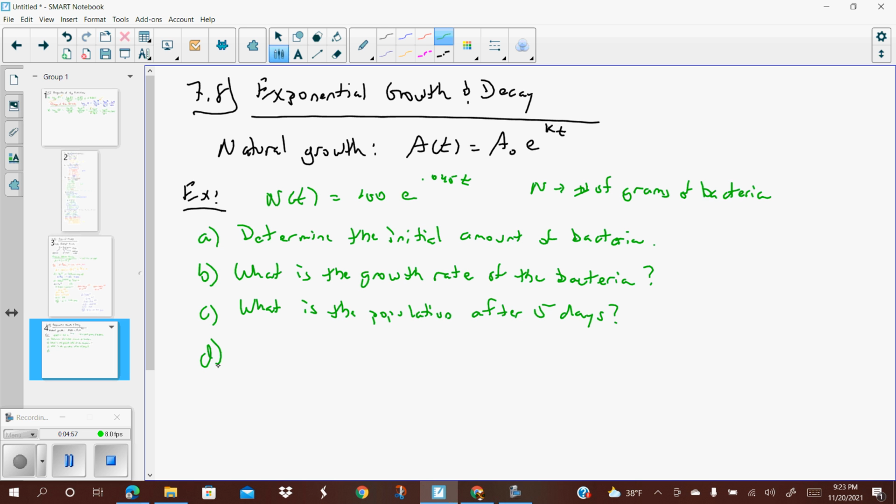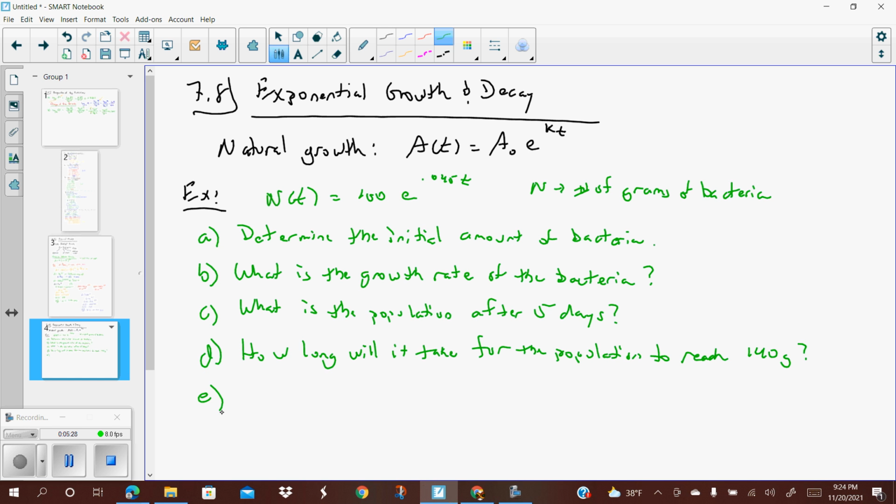D is going to be a D and an E. How long will it take for the population to reach 140 grams?